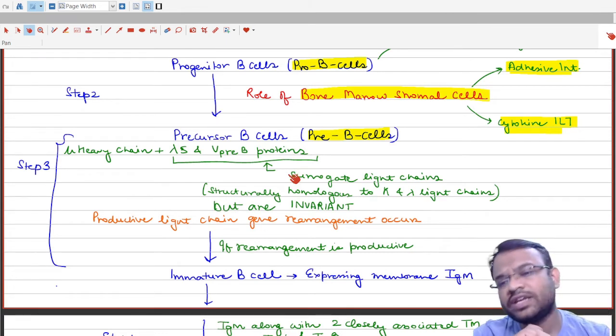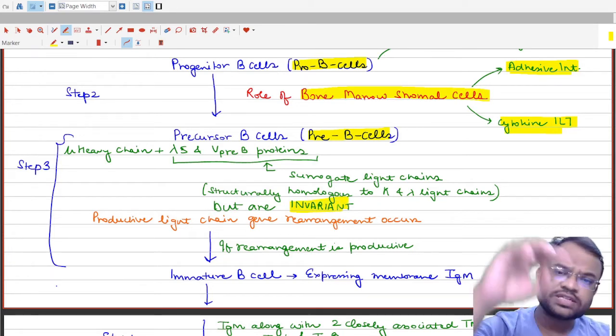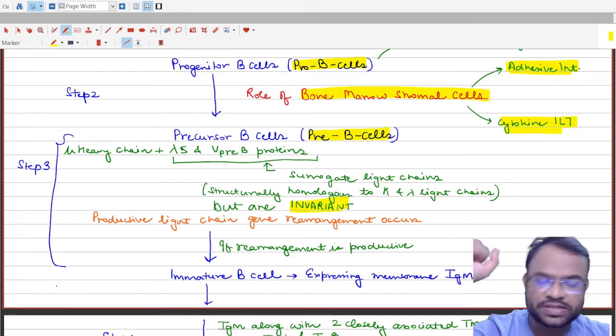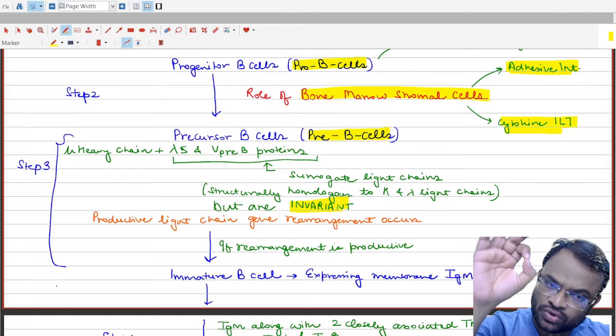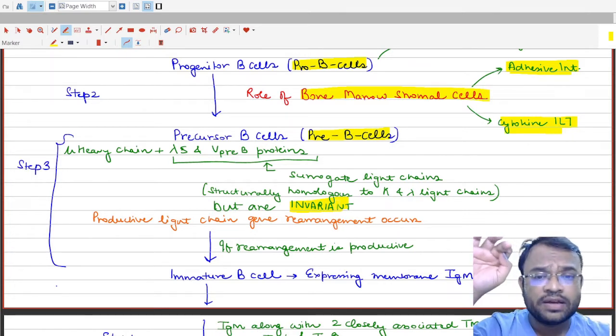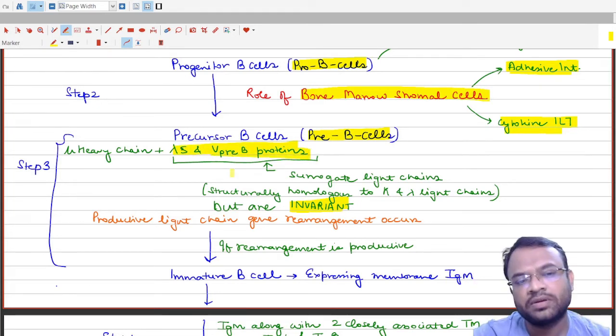But one thing is very important: these lambda 5 and VPRE-B proteins are present in all the B cells. They are invariant. There is no variance or change in any B cell with respect to lambda 5 or VPRE-B proteins.